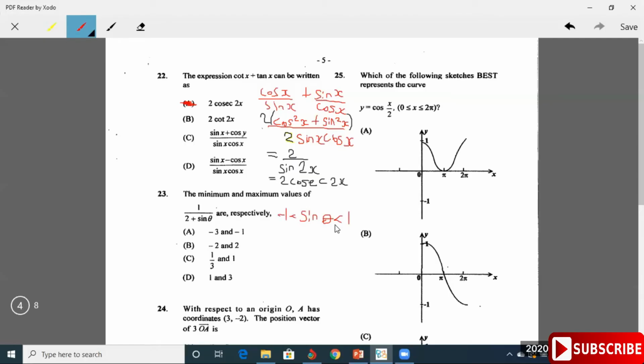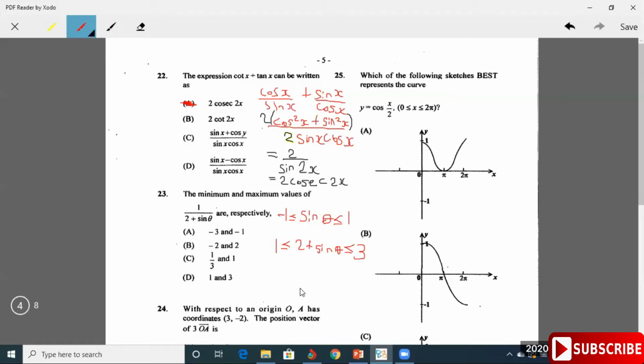So it's greater than or equal to negative 1, less than or equal to 1. And so therefore 2 plus sine theta is going to be between, so we add 2 to both sides now. So 2 plus sine theta is going to be between 3 and, we add 2 to this side, 2 minus 1 plus 2 is just 1.